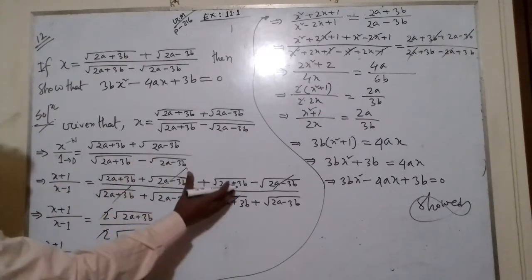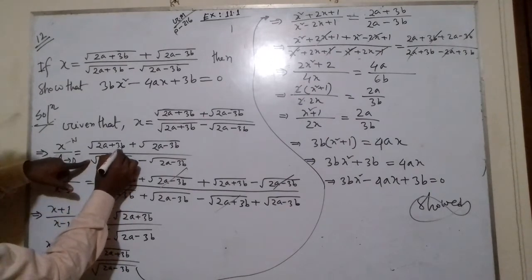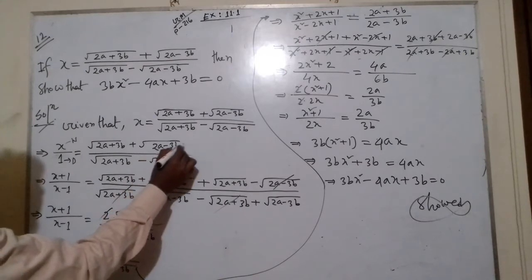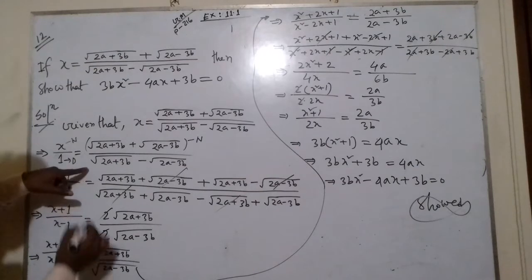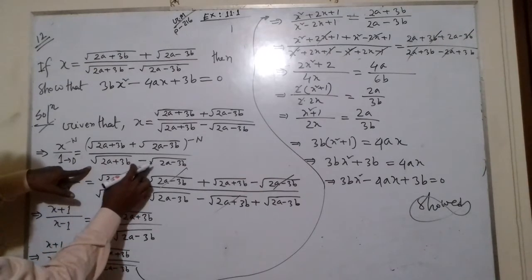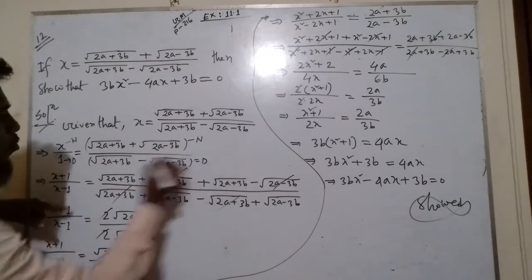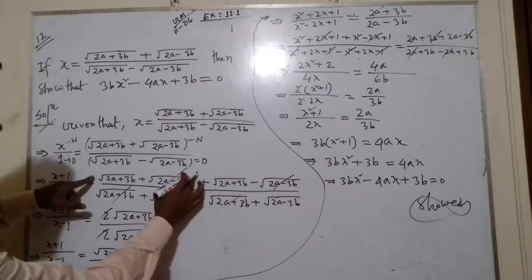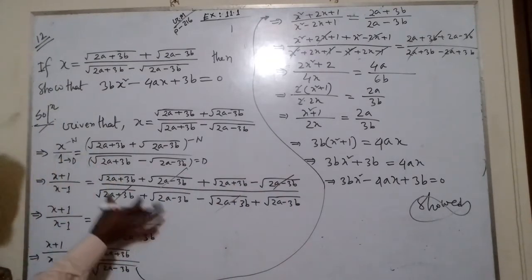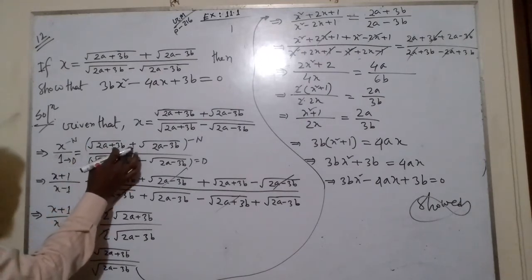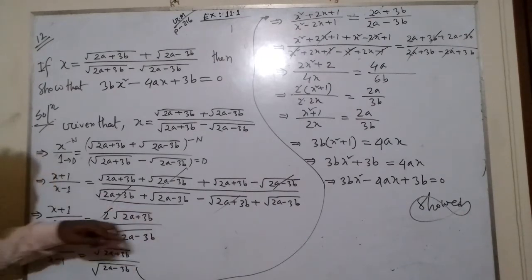Now on the right hand side, √(2a + 3b) + √(2a − 3b) is the numerator part, and √(2a + 3b) − √(2a − 3b) is the denominator part. So numerator plus denominator divided by numerator minus denominator.